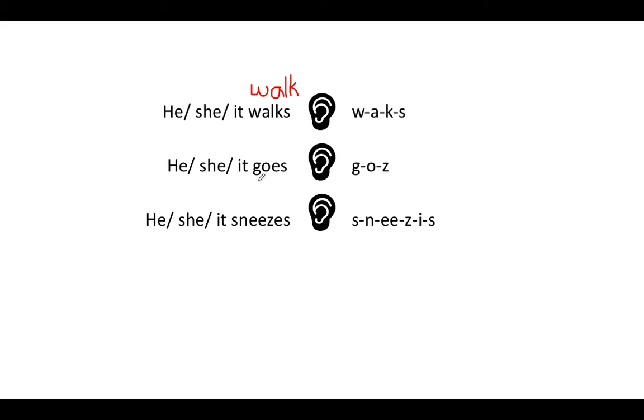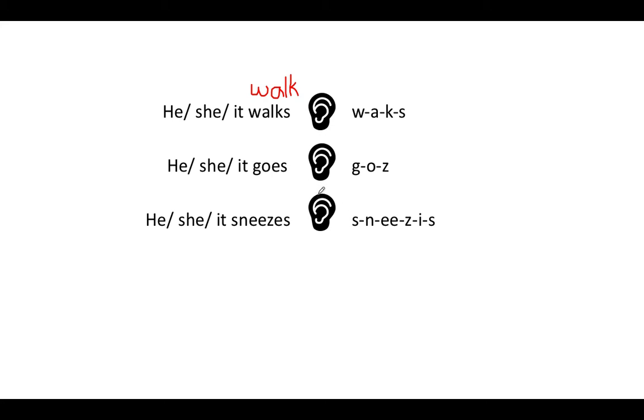So even though it's spelt G-O-E-S, which if you were sounding it out, it would be go-e-s, it's pronounced goes. G-O-Z, goes. And for this one, he sneezes, she sneezes, it sneezes.